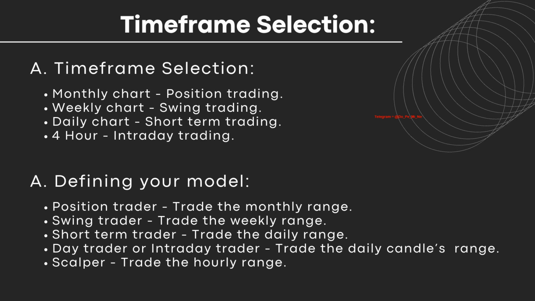Now, the second one is a swing trader. A swing trader trades the weekly range, and range is on the weekly chart or the weekly time frame, right? Typically for a swing trader, their setup takes a few weeks to a few months to form, and the average duration for their setup also ranges from a few weeks to a month or two.